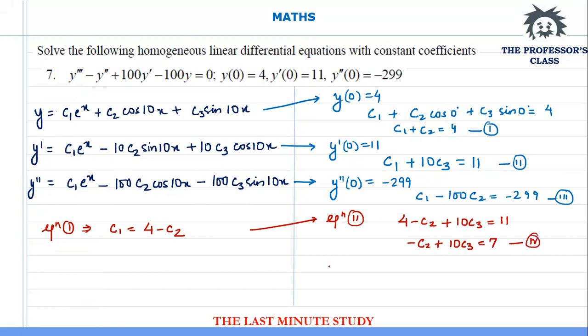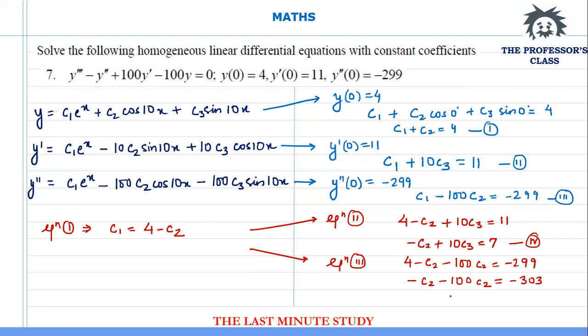Similarly, in equation 3, I'll substitute the same thing. So I'll get 4 minus C2 minus 100 C2 equals minus 299, or minus C2 minus 100 C2 equals minus 303.